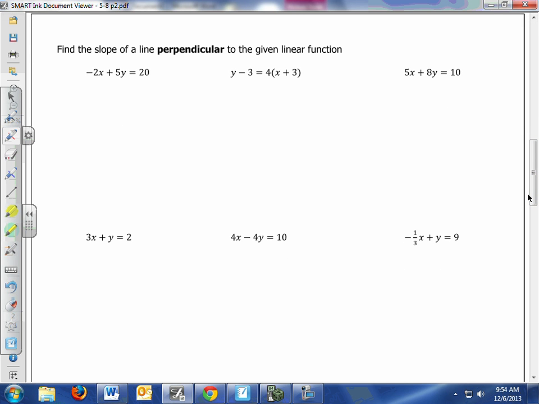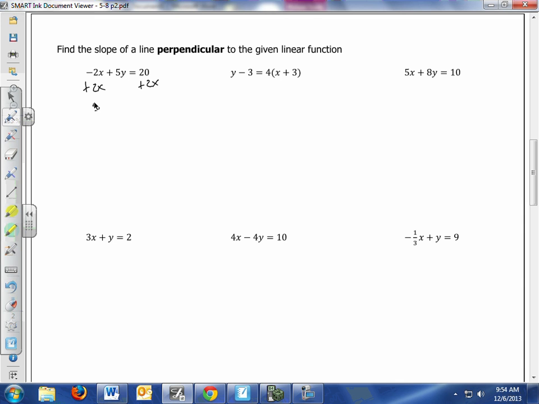Well, now I'm going to give you an equation, and I'm going to ask you, what's the slope of an equation perpendicular to this line? What do I have to do? What do you think, Mr. Miller? Solve for y. Yeah, solve for y.